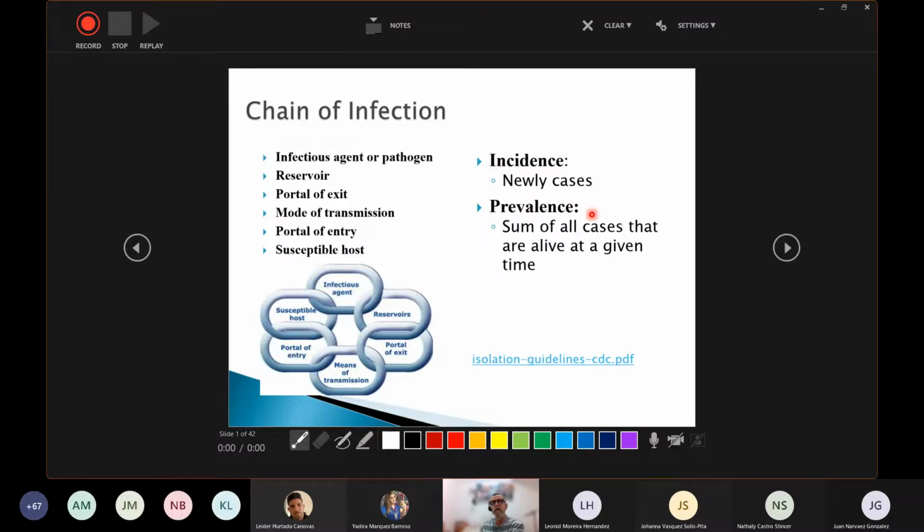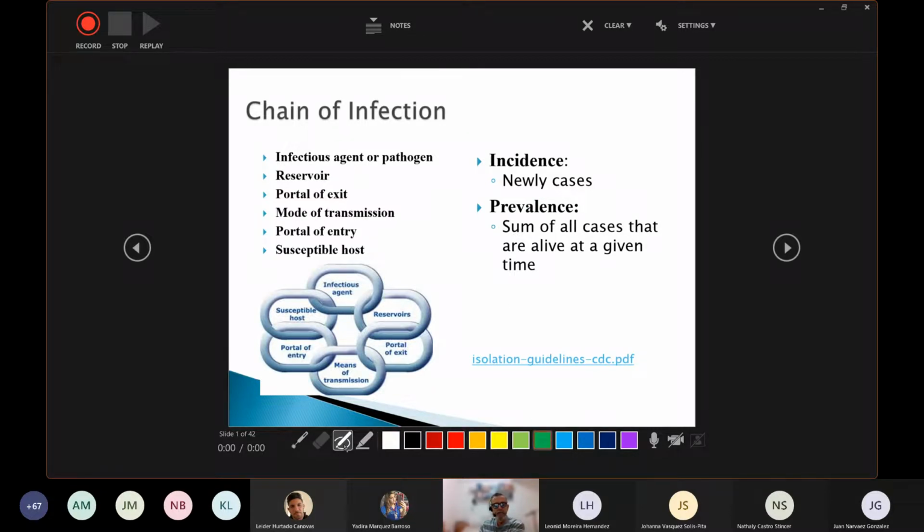Those concepts are tested in the NCLEX, and I want you to understand them because nurses need to use those terms properly. Incidence is new cases. Prevalence is the accumulation of cases, the addition of cases over a long time. Let me explain this a little better.